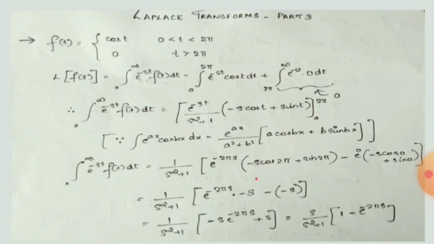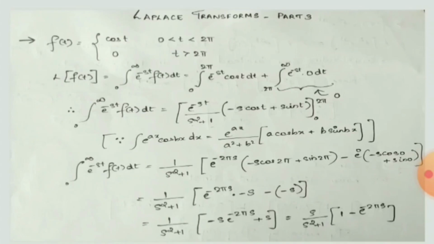So from this bracket we'll have only minus s, and from this bracket also we'll have minus s. So it becomes 1 by s square plus 1 into e raised to minus 2 pi s into minus s minus, we'll have minus s from this bracket as well.